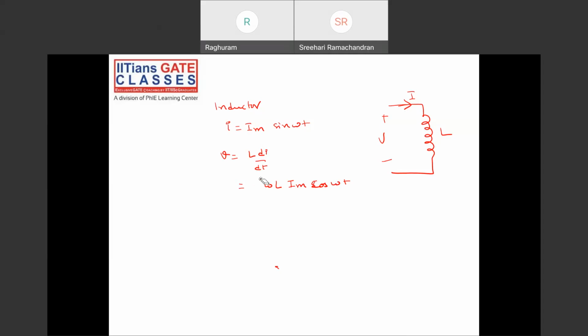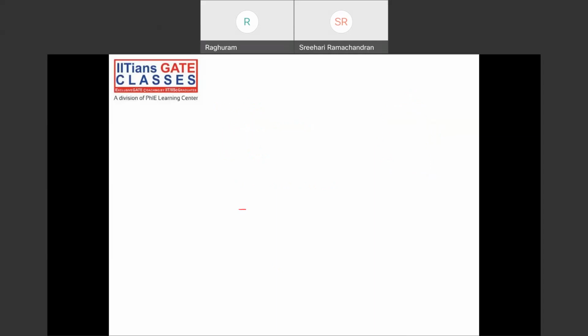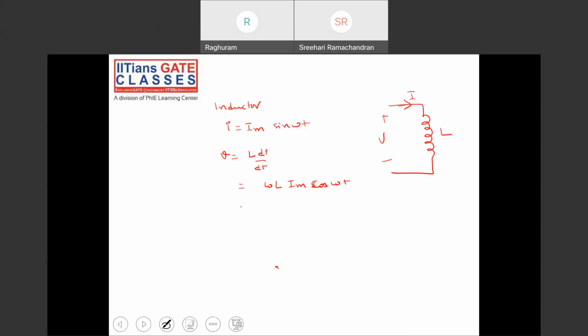Cos omega t can be written as omega L Im into sine omega t plus 90. So this is nothing but Vm sine omega t plus 90 degrees.